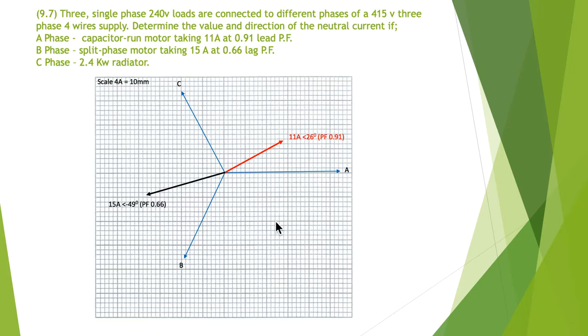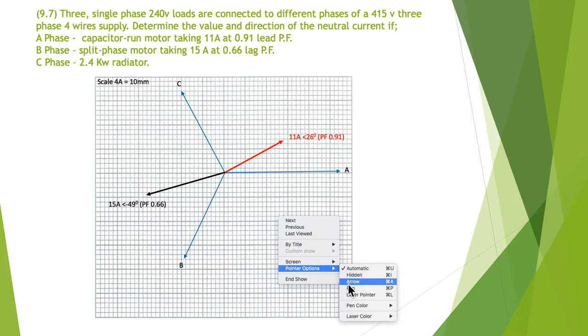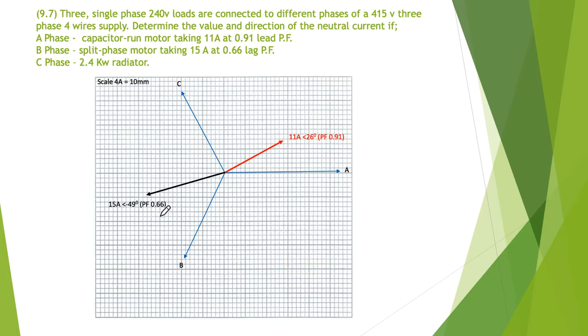So the next one is we're going to put the B phase. This time we've got a power factor of 0.66, and again cos to the minus 1 tells me it's at 49 degrees, but this time we know that it is lagging.